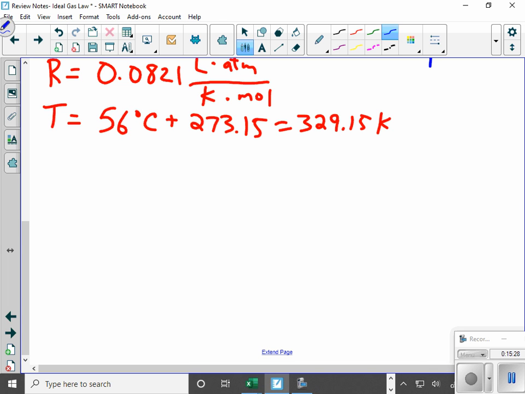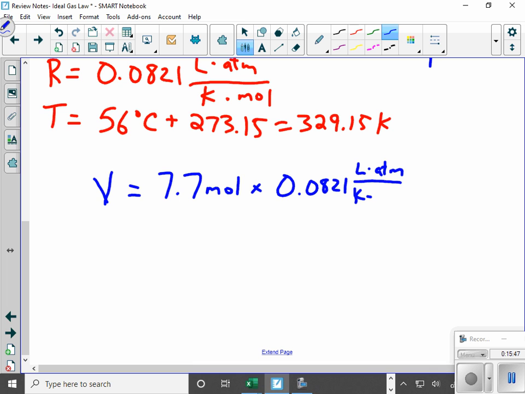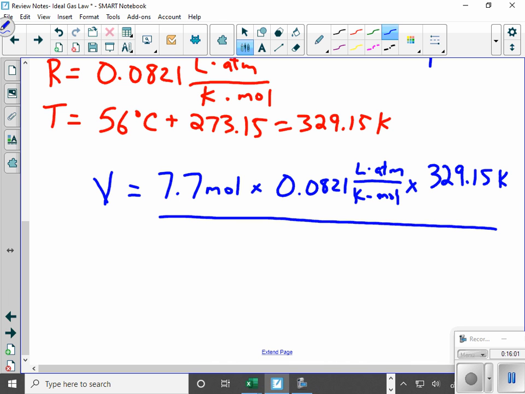And I know that my volume is equal to the number of moles, 7.7 moles, times the gas constant, 0.0821, and let's see, that was liters atmospheres over Kelvin mole, times my temperature, which was 329.15 Kelvin. And I'm going to divide all of that by my P, my pressure, which was 0.09 atmospheres.